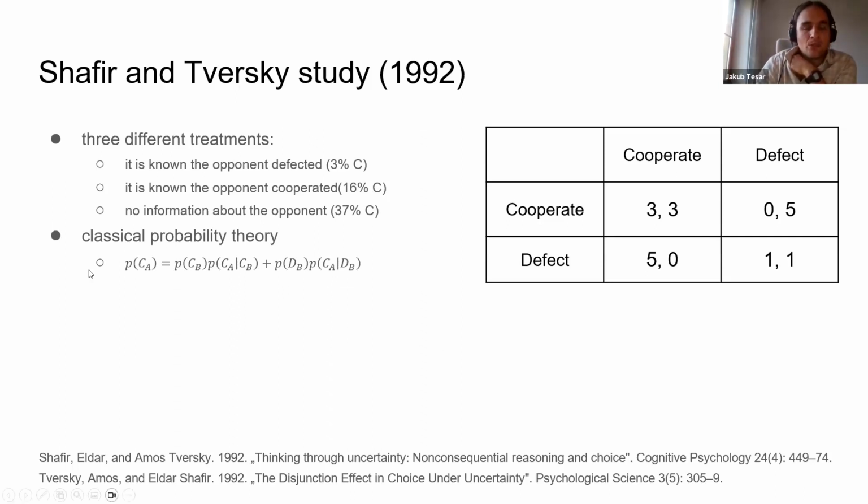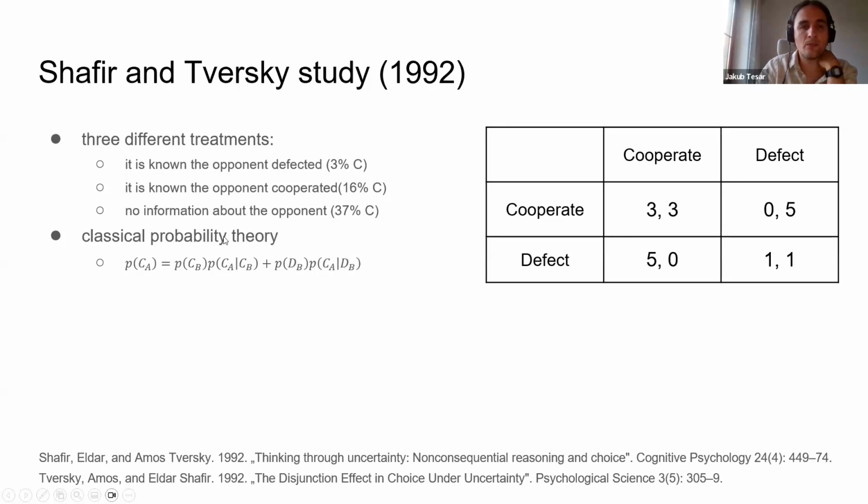This is what's called Savage's sure thing principle, which says that if I'm trying to evaluate the probability that player A will cooperate in the game, it should be equal to the probability that the player expects the other to cooperate multiplied by the conditional probability of cooperating back, that is, what I will do after seeing cooperation of the other, plus the probability that the other will defect multiplied by the conditional probability of my willingness to cooperate after seeing the defection.